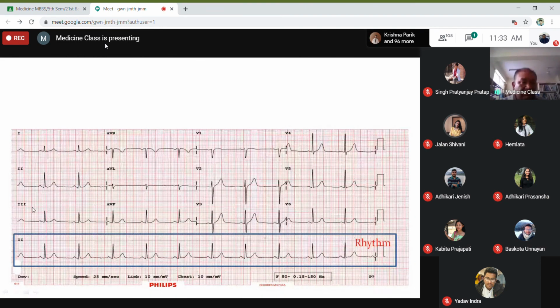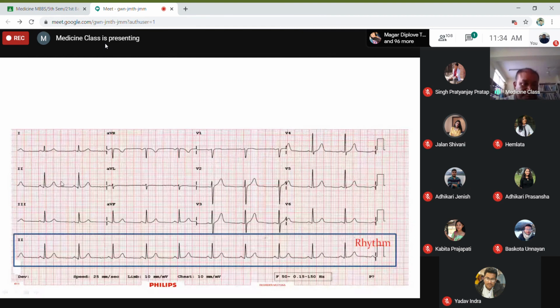In 3-channel you will have 3 leads coming together like this. So leads 1, 2, 3 come together, aVR, aVL, aVF come together, V1 to V3 and V4 to V6 come together. Sometimes there may be 6-channeled, and sometimes even 12-channel ECGs. It depends upon the ECG machine.